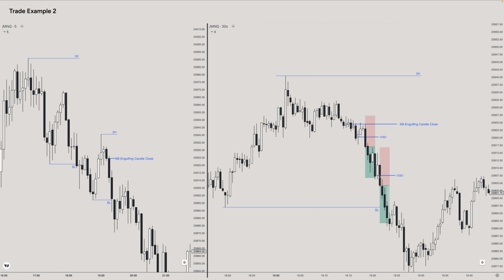So we always mark out the first trend pullback candle. And in this case, you see, the next candle is already giving us our confirmation. So we enter the trade here, stop loss above the 30-second swing high, 1-to-1 risk to reward, and we out the trade here. And now we've also reached our 5-minute swing low.